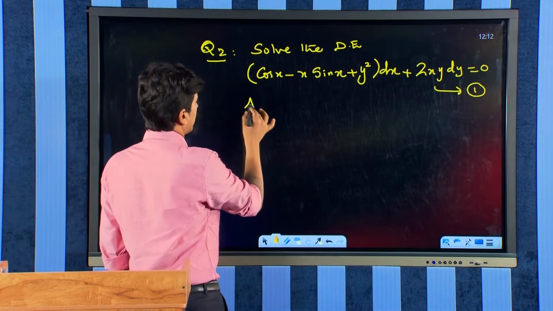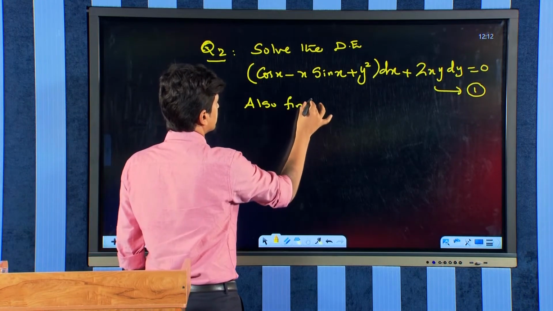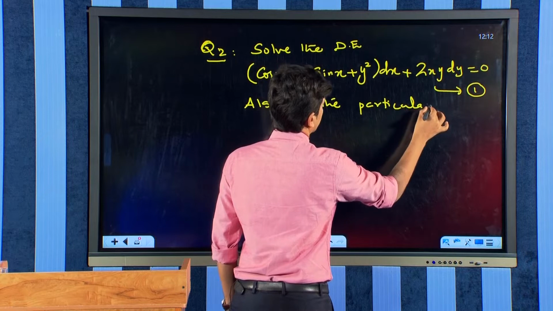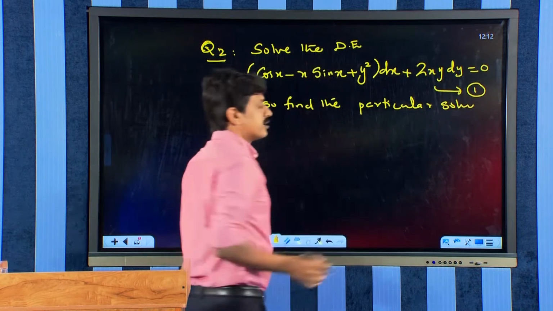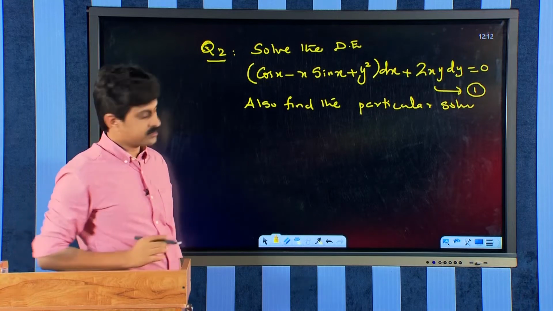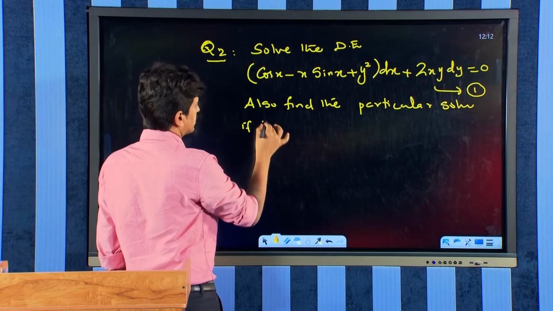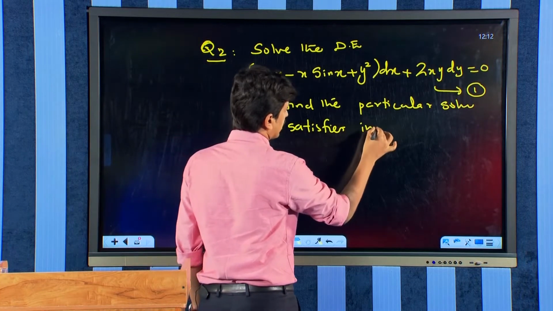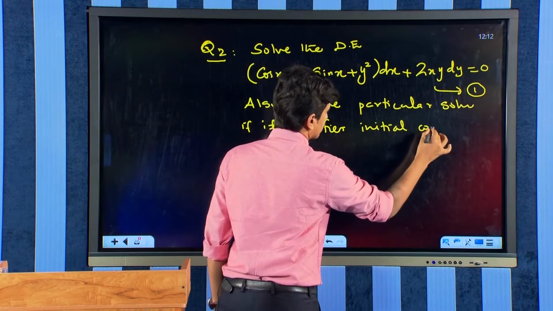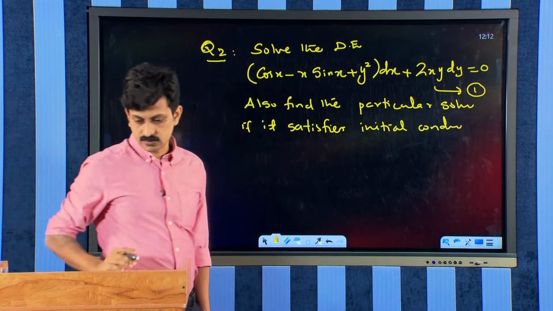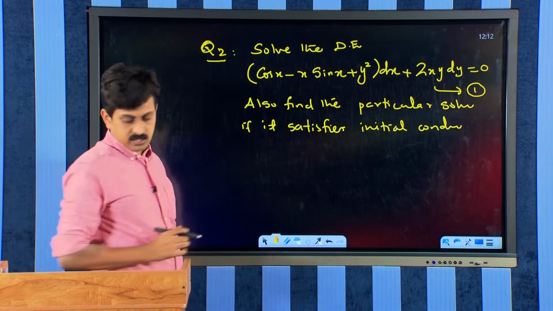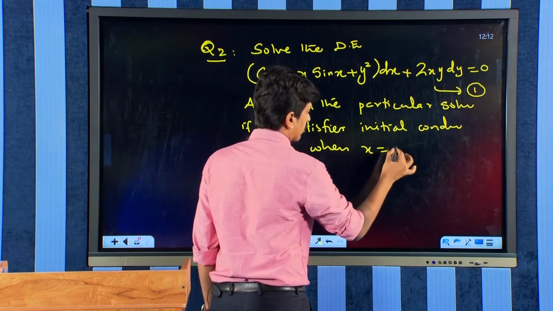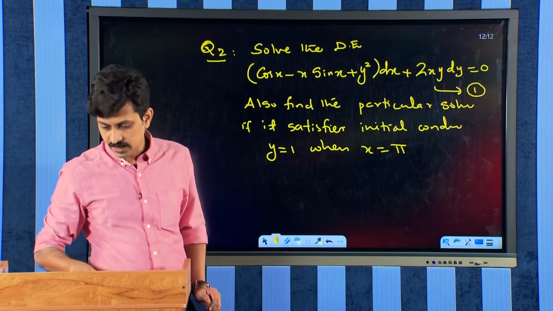Also find the particular solution if it satisfies the initial condition: y is equal to 1 when x is equal to pi.